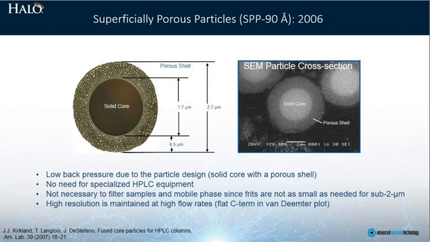Now, we like these particles because we can make them in a relatively modest particle size, that is 2.7 micron, so that we get acceptable back pressure. There's no need to use very small particulate silicas, which means that there's a number of practical advantages, including obviation of the need for very small frits to retain the particles in a column.